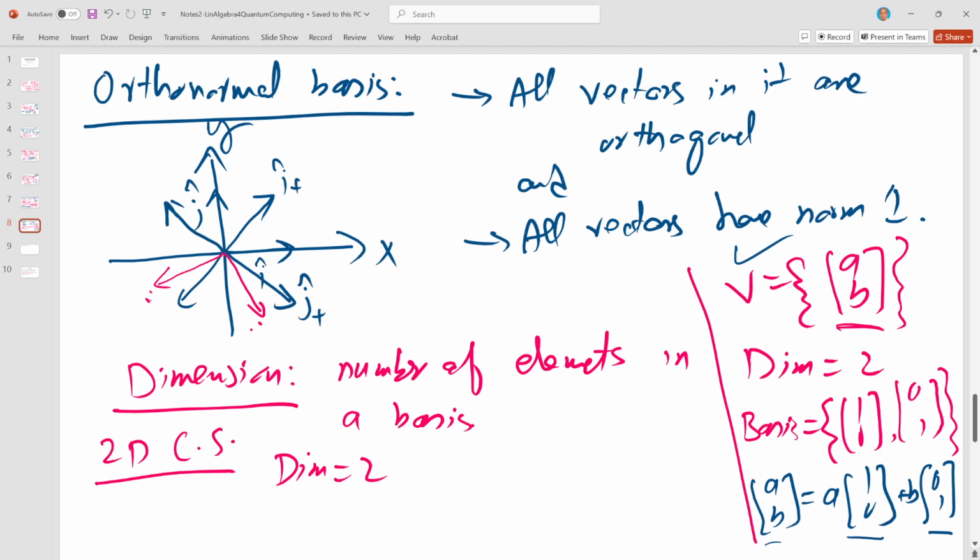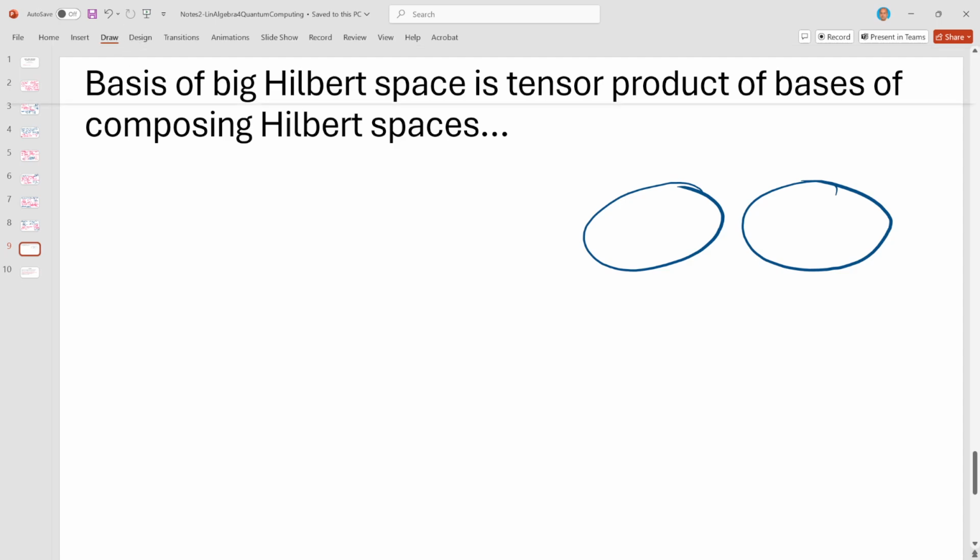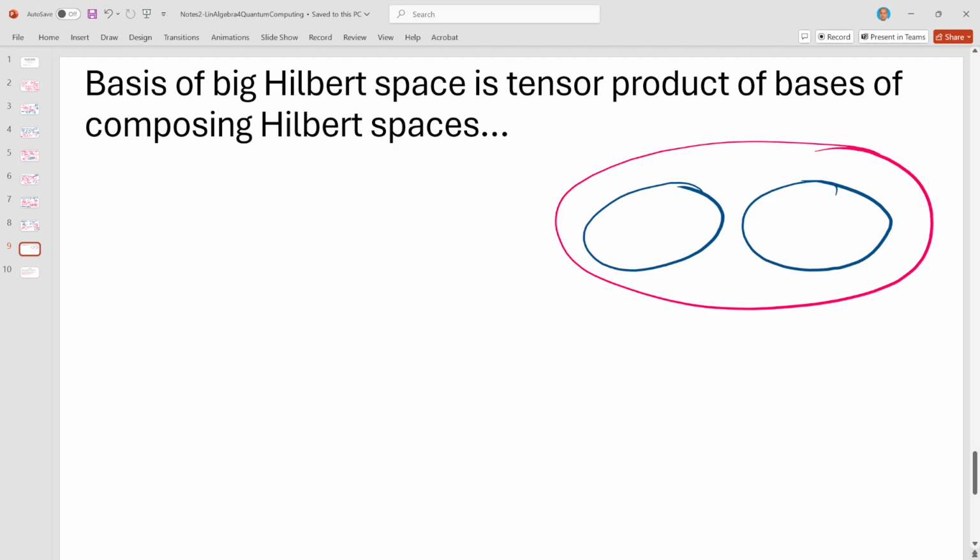All right, so we now know what a basis is. Let's go towards constructing a basis of a Hilbert space, which is a composite Hilbert space. So suppose I have two subsystems present in a big system. I can imagine that I have, let's say, a two-level system here, and another two-level system here.